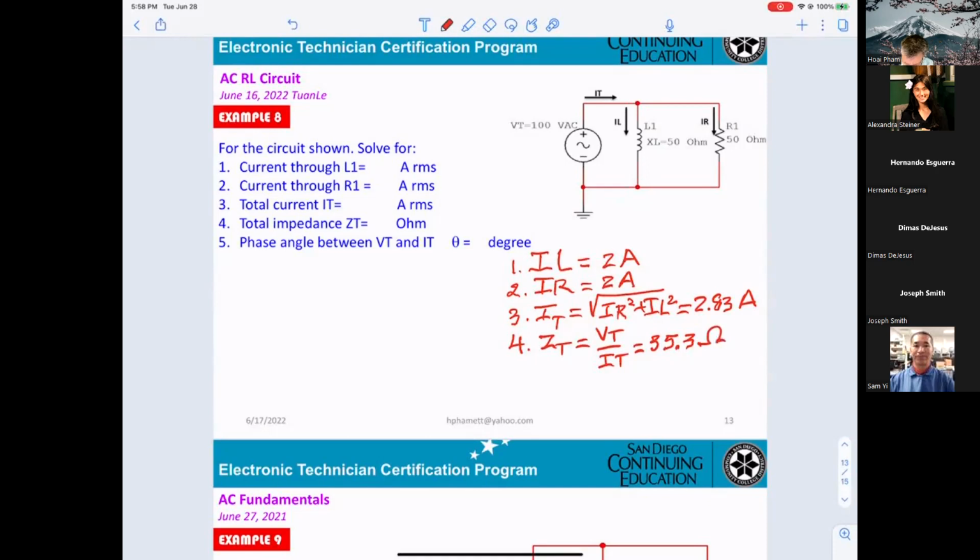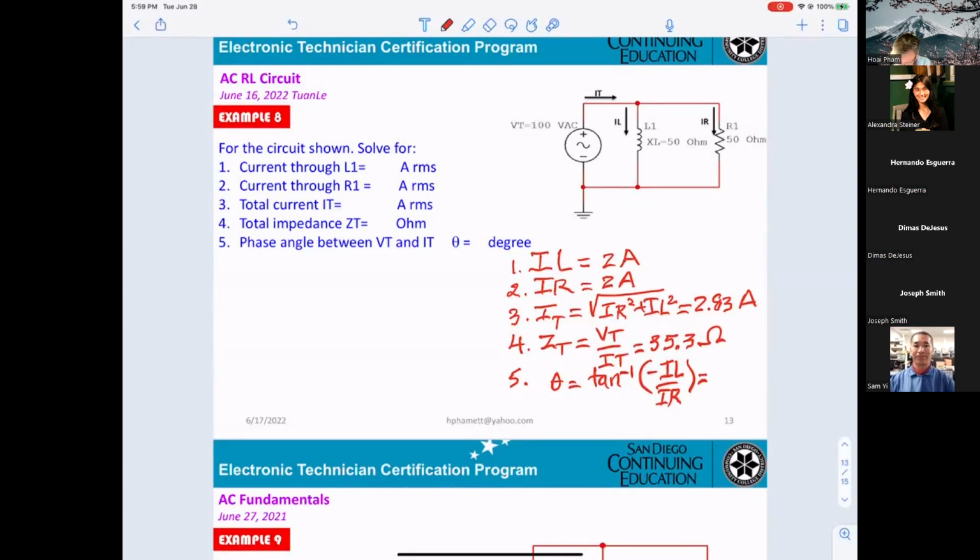And last one, the angle. Minus IL over IR. Negative 45.